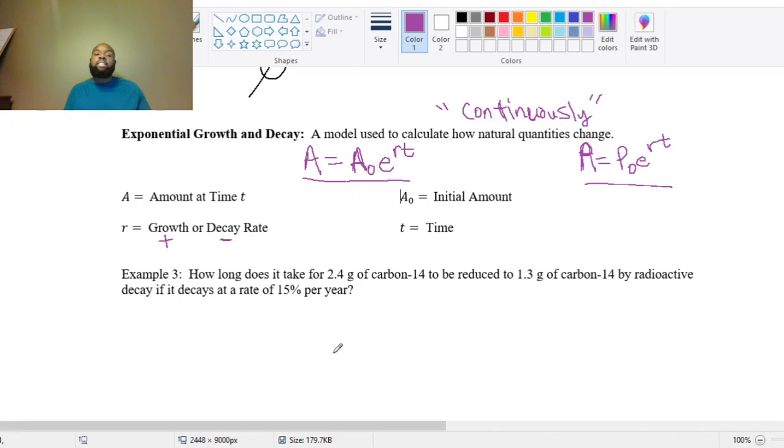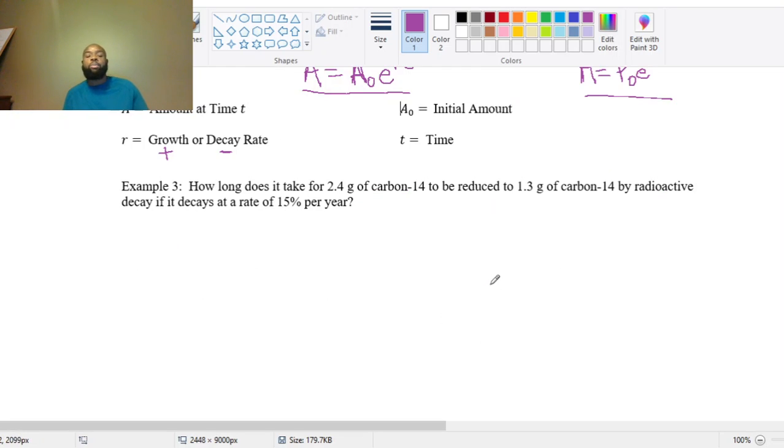And so let's use this example here. It says, how long does it take for 2.4 grams of carbon-14 to be reduced to 1.3 grams of carbon-14 by radioactive decay if it decays at a rate of 15% per year, right? Since I know that this is something natural, I'm automatically going to use my formula. If you want to use the formula Pe to the rt, by all means do so.